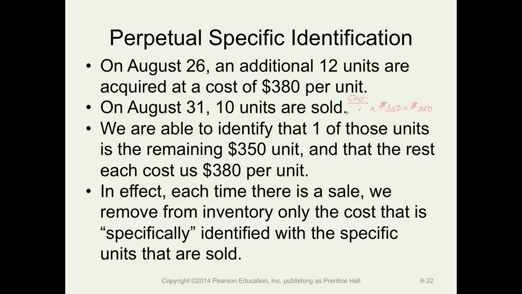And then you have 9 units that were sold. So if you sold 10, 1 out of the beginning, the rest, the 9 units, were sold out of the August 26th purchase at $380. $3,420, so $3,770, $3,770 is your cost of goods sold.